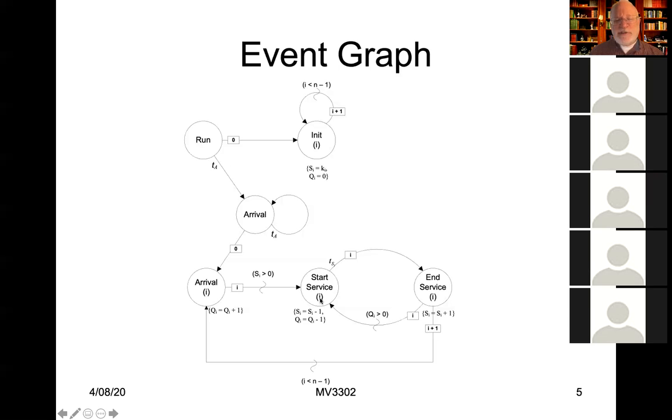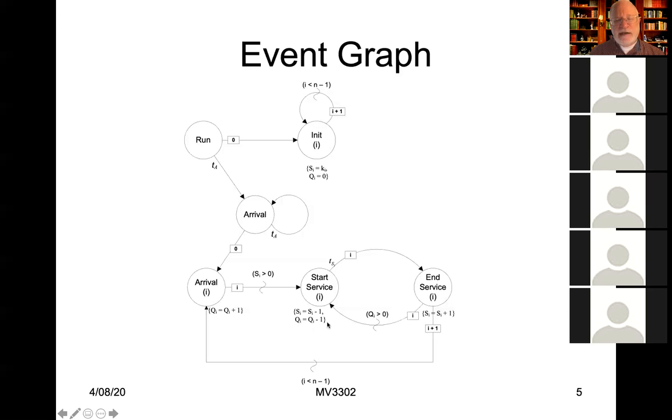Start service receives a 0, and notice that that argument is what is used as the index of the state transition. So the number of available servers at the 0th workstation is decremented by 1, and the number in the queue at the 0th workstation is decremented by 1.